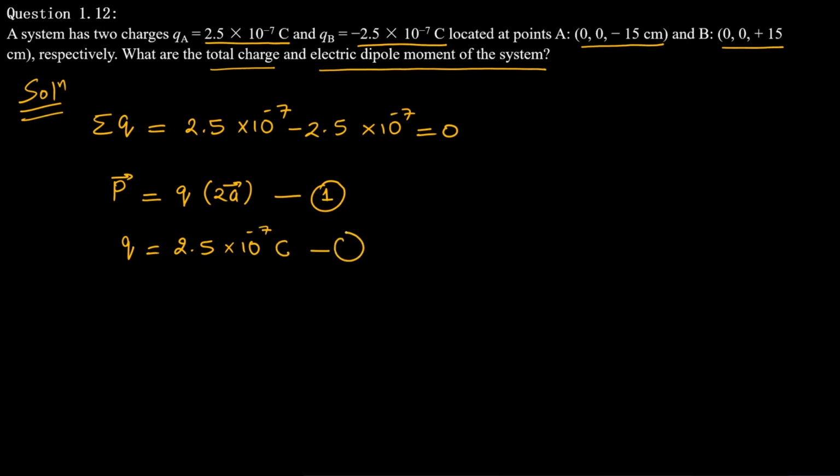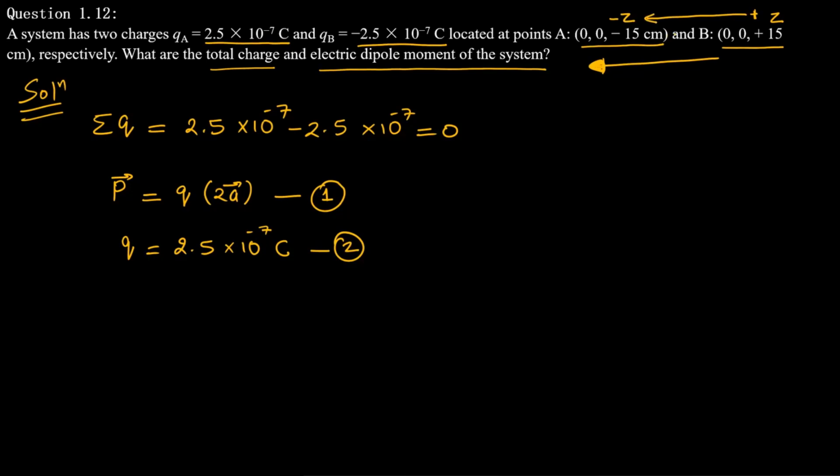Now the problem arises, what is the direction? So direction, can I say, will be from B to A? And this is the Z axis. So can I say it is from plus Z axis to minus Z axis, right?